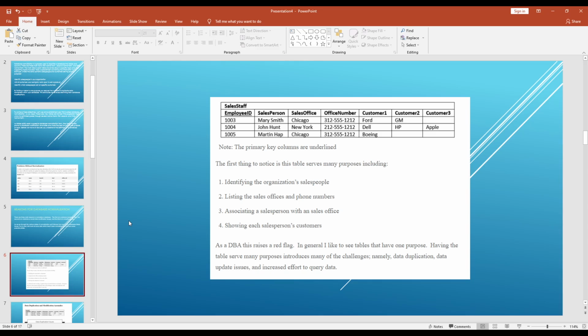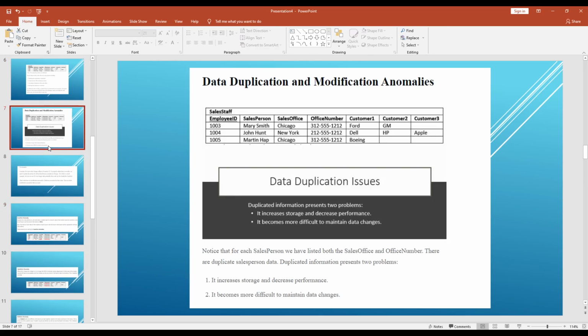Having tables serve many purposes introduces many challenges, namely data duplication, data update issues, and increased effort to query data. Data duplication and modification anomalies.